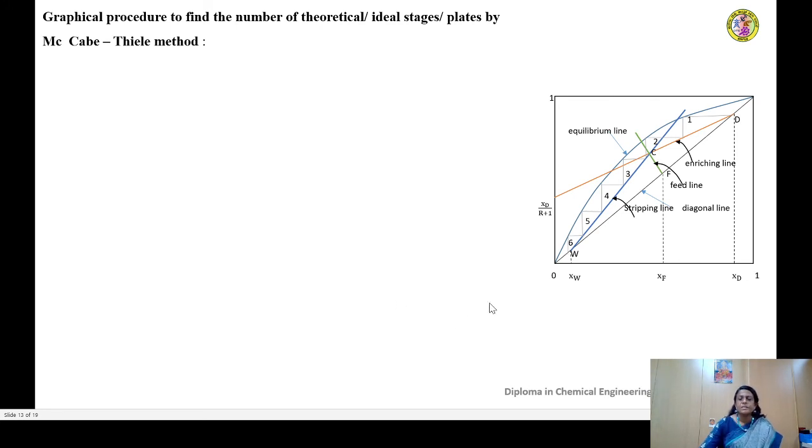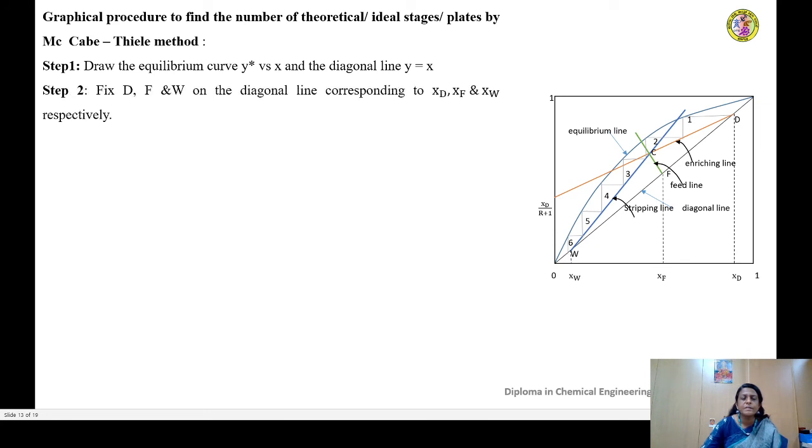Okay. So just look at the steps in the graphical procedure. First step, draw the equilibrium curve and the diagonal line. Second step, fix D, F and W on the diagonal line corresponding to XD, XF and XW respectively.